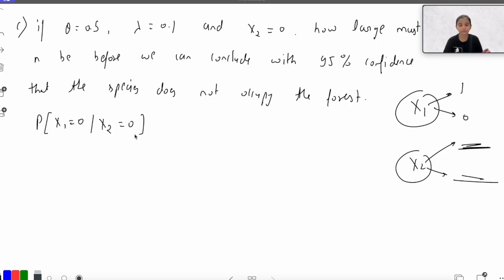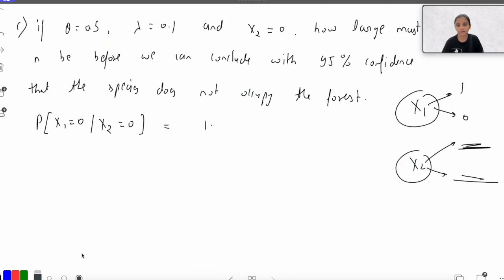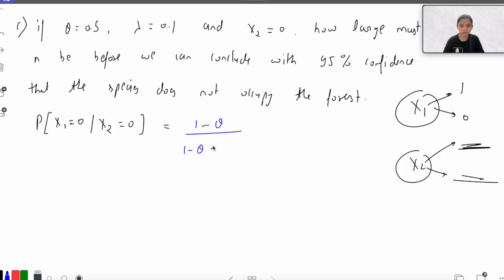species in that sample. That is equal to, we have just calculated it, that is coming out to be the same. We have already calculated it. That is (1 minus theta) upon (1 minus theta plus theta times (1 minus lambda) raised to the power n).